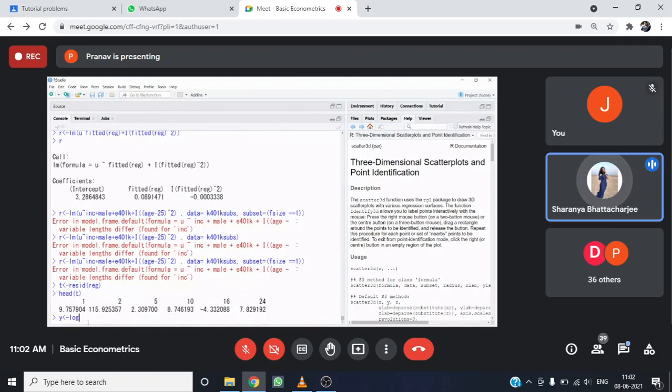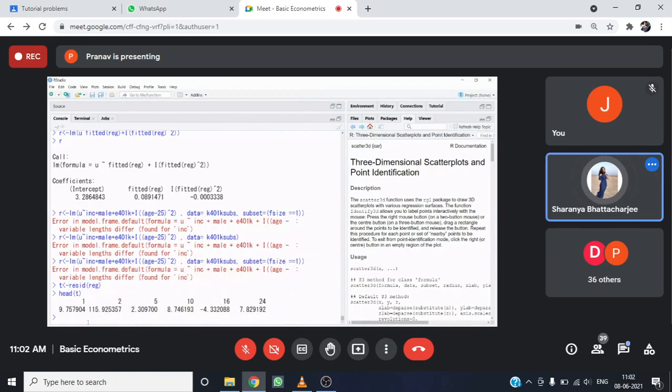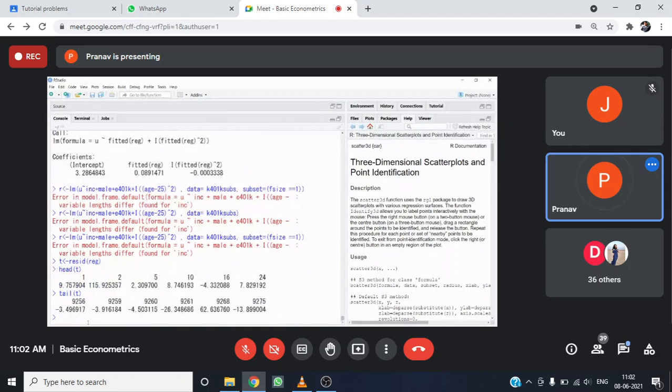Yes sir, these values are the same, but the values at the end are coming different. So just check by the tail function if you are getting the same or not. The last values are coming like this. Yes, and now it's the same.